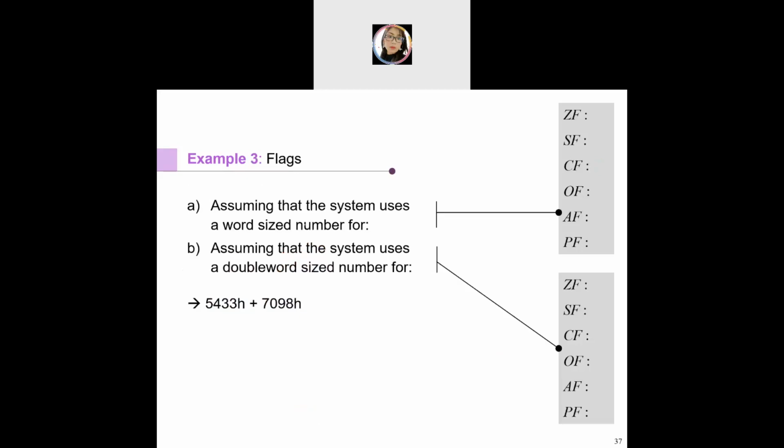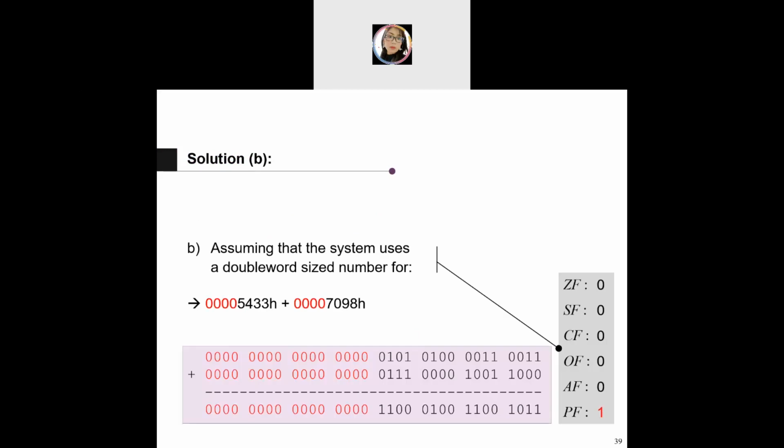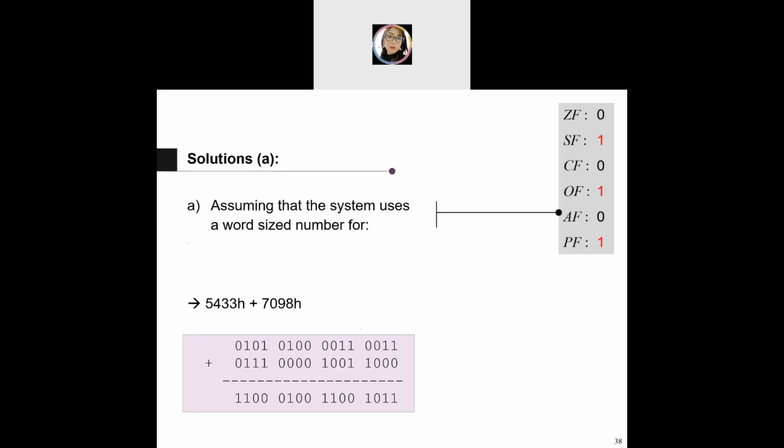So you can see also what you need to update. Assume the system uses the word size, or assume double word size for this question. So you can try to do it, and this is the solution. You can see whether from the lower bit to a higher bit, there is a carry or not.